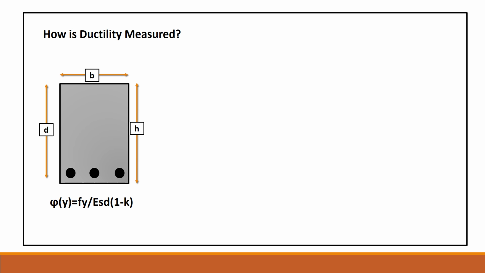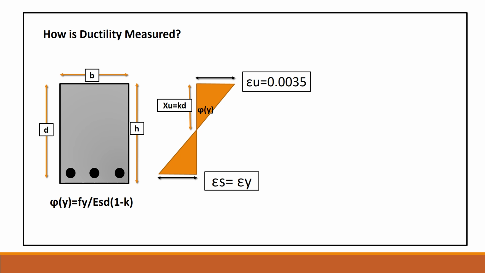Now, what is Fy by Es? It's the amount of strain. Now, d into 1 minus k, it's giving us the lever arm. Now, this would give us the amount of curvature phi y, as we see in this next figure.